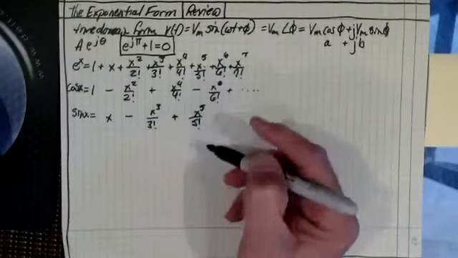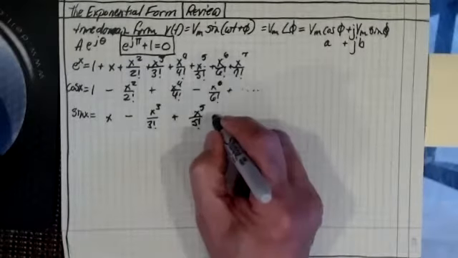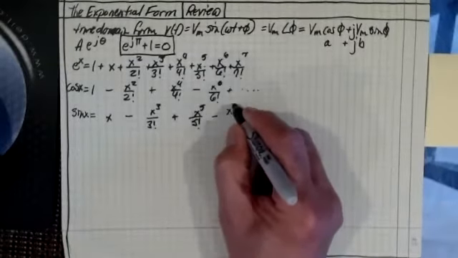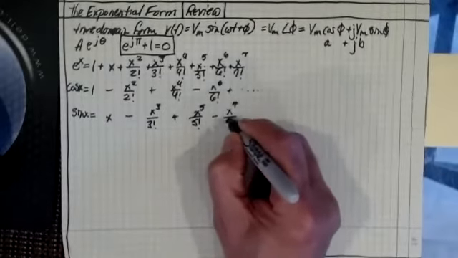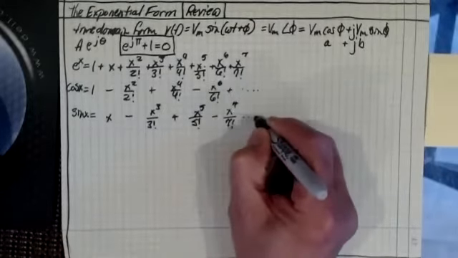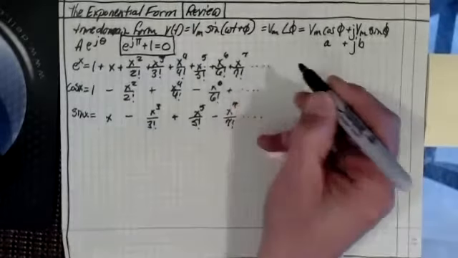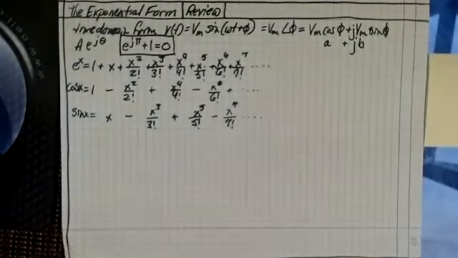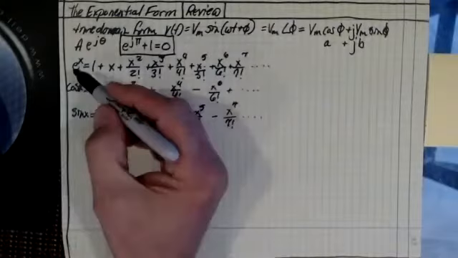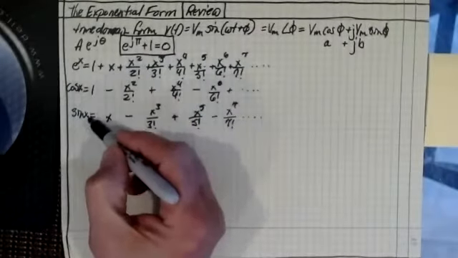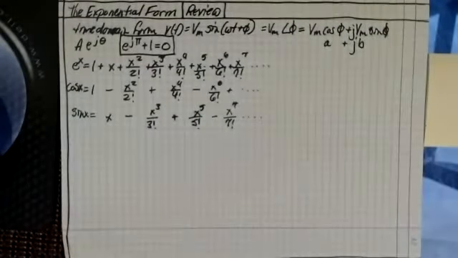I think everybody can probably see where I'm going with this. So everybody can see e to the x, cosine x, and sine x that we have right there.